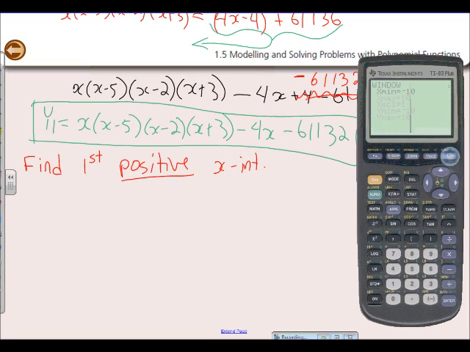Okay, let's try to start there and enter and see if we find anything. Remember, I'm looking for the first positive x-intercept. I don't care about what the rest of the graph looks like. All that I really care about is whether or not anywhere along the x-axis it crosses it. And it doesn't from 0 to 10.